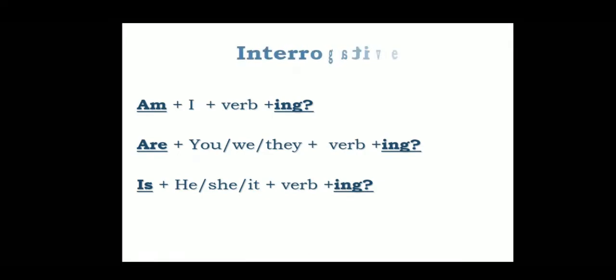So, the present continuous in the interrogative form: am plus I plus verb plus ing, are plus you or we or they plus verb plus ing, is plus he or she or it plus verb plus ing.